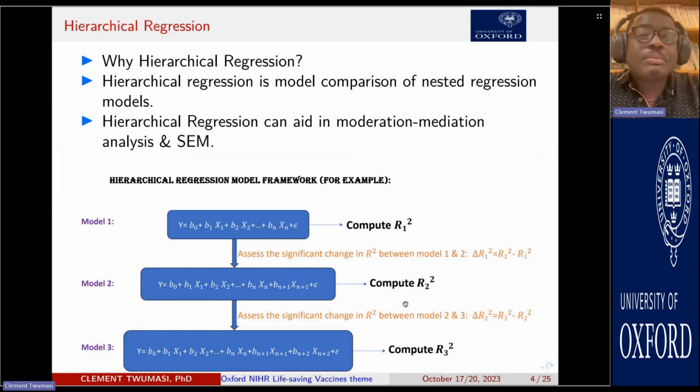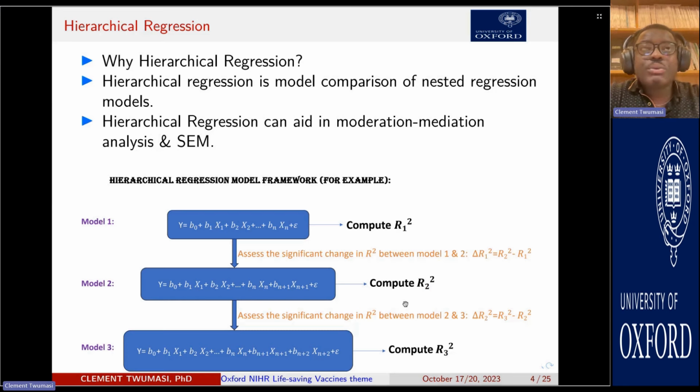First of all, today the first topic is hierarchical regression. In our previous sessions, we talked about linear models, and we realized that linear models look at the one-dimensional effect of a set of predictors on the outcome variable of interest.